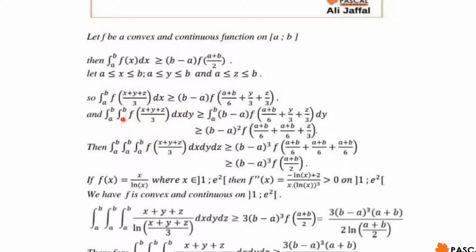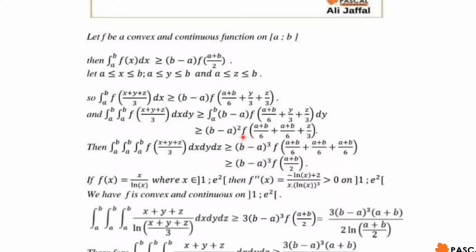If we apply the Hermite-Hadamard inequality one more time, and this time we consider the function as a function of y, the double integral from a to b, from a to b, of f((x + y + z)/3) is going to be greater than or equal to (b − a)² f((a + b)/6 + (a + b)/6 + z/3).